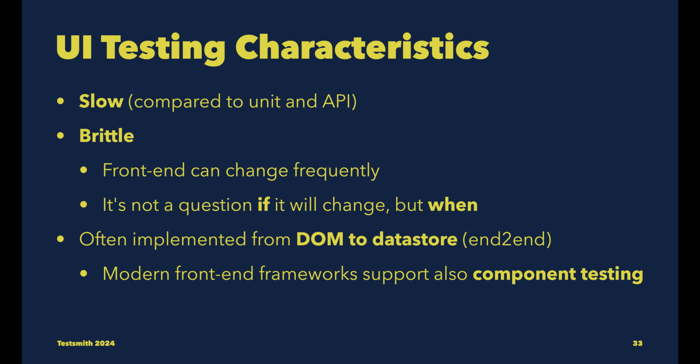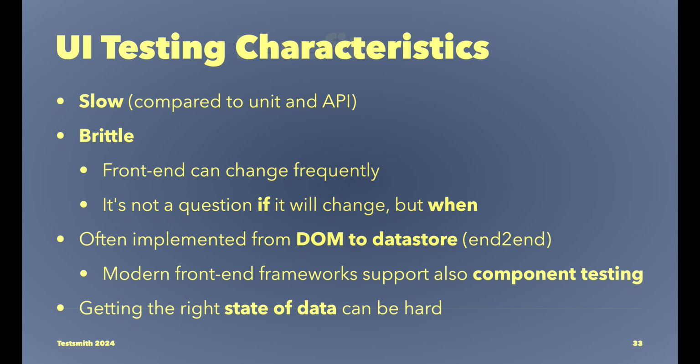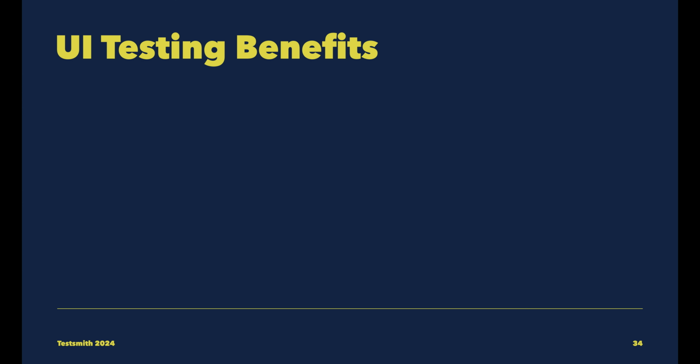Luckily, modern front-end frameworks support component testing, allowing you to test the different components in isolation. Getting the right state of the data can be quite challenging. Benefits of these tests. These kinds of tests allow you to simulate real end-user behavior.